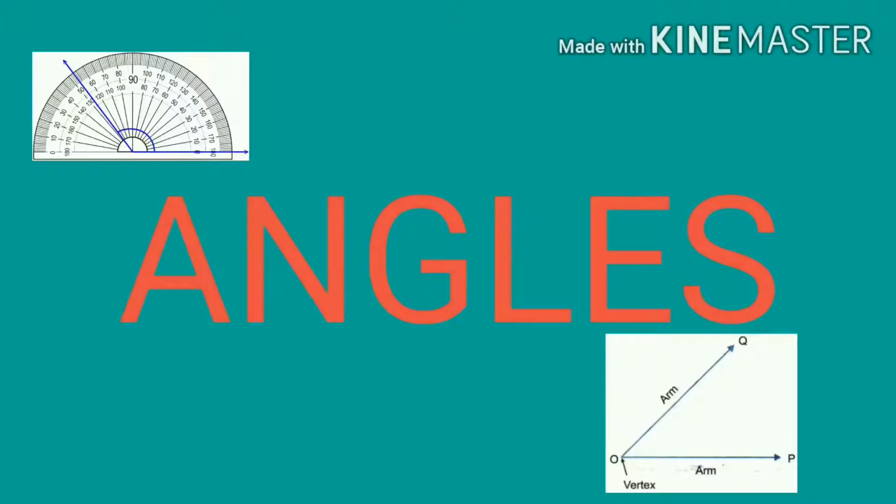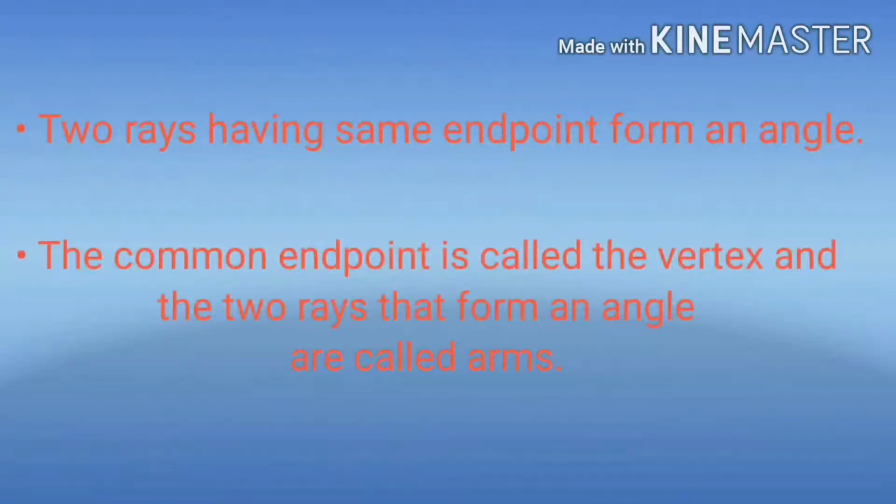Let us discuss our next topic, angles. Two rays having the same endpoint form an angle. In simple words, the corners made by the intersection of two lines or two line segments are called angles.